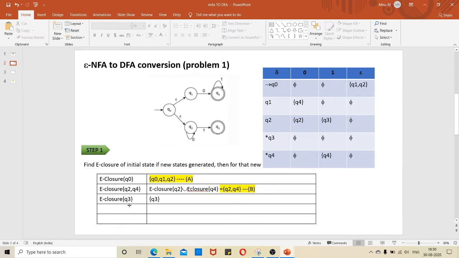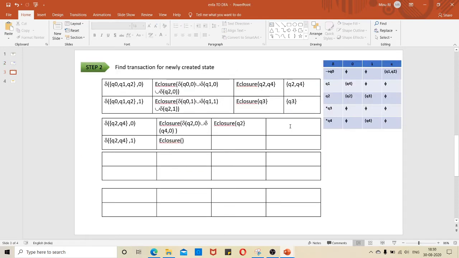We haven't found it already? No. So let me find it. Epsilon closure of Q2 is simply Q2 itself. So now it is simply Q2.